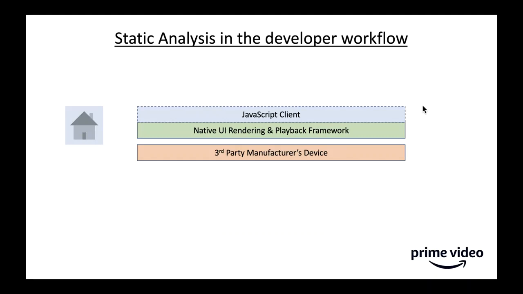Sometimes we do this within Prime Video, but mostly we work with third-party manufacturers to integrate our app with their device's OS. So we have a bunch of instructions that get passed between the device's OS and the Prime Video client, and they need to be in the correct order. They need to be sequenced correctly, and sometimes they can be long running. And that's really hard to test. So we decided this was a perfect use case for static analysis.